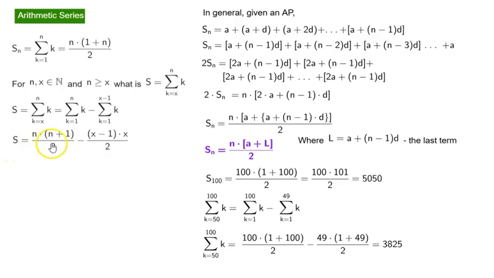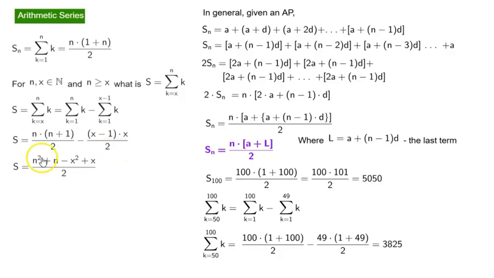So s is equal to, here the first term is 1 and last term is n. So n times n plus 1 by 2 minus, here the first term is 1 and last term is x minus 1. If we evaluate this by substituting it in the formula, we will end up with x minus 1, because we will have x minus 1 times x minus 1 plus 1. So evaluating that, we will get x minus 1 times x by 2.